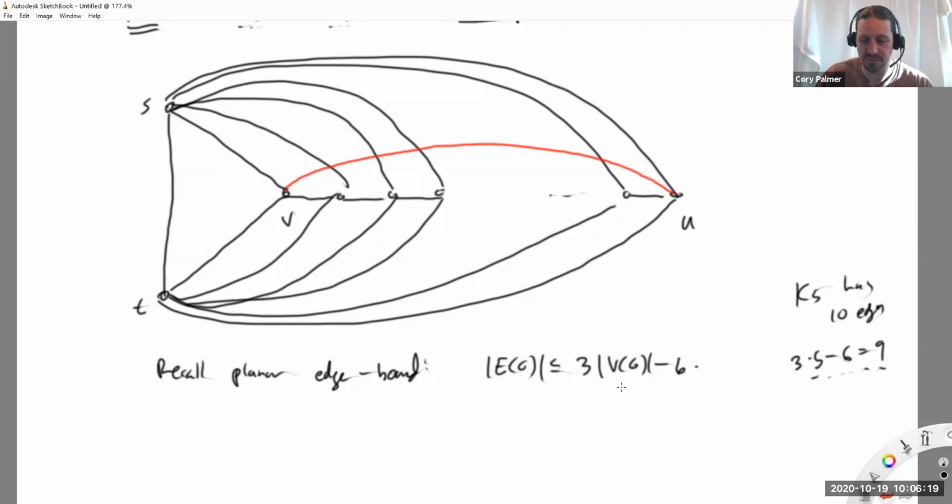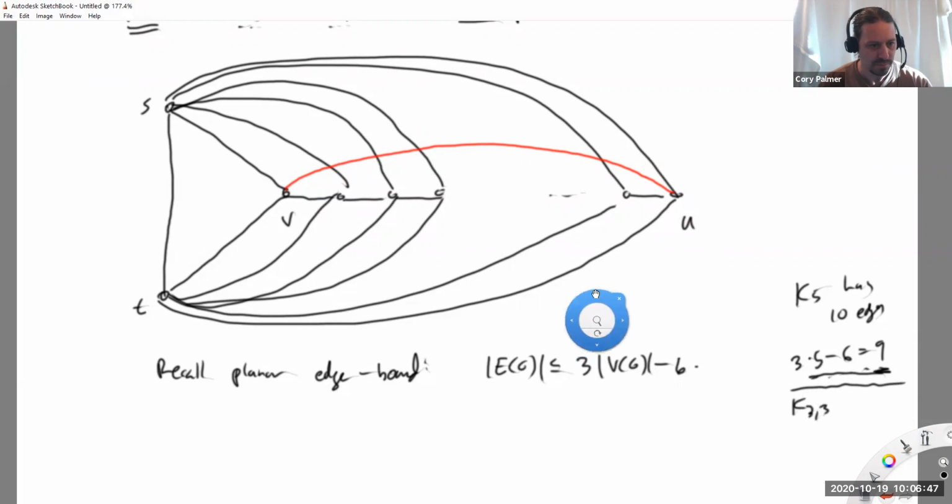But this is not an if and only if. You can still be non-planar and have fewer edges than this. If you're planar, you're definitely below this bound, but you might be way below it. So it's not some kind of if and only if. Let's clarify here.